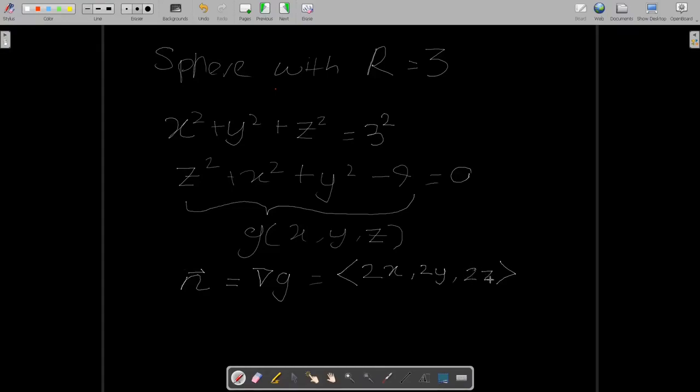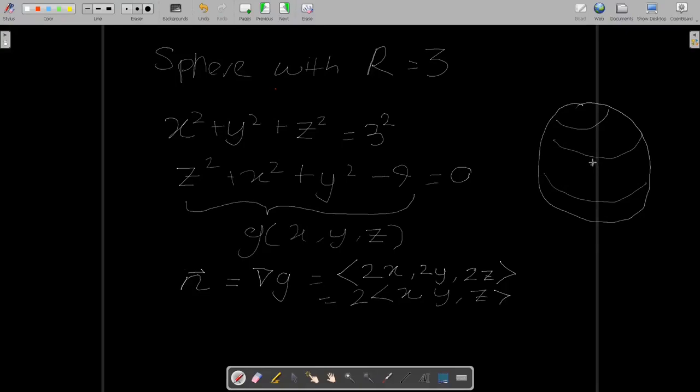You can, of course, factor out the constant, just simply 2 times (x, y, z). Which, as you can see here, makes sense. If you have a sphere, the position vector on the surface is just given by these equal values to point along the radial direction here.